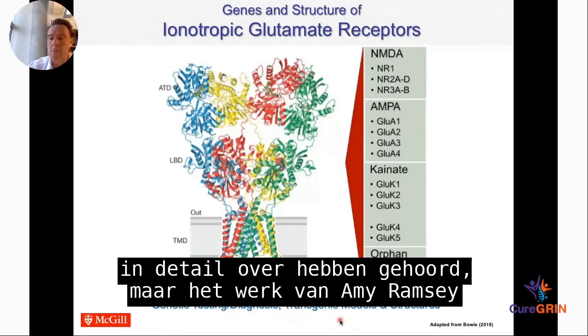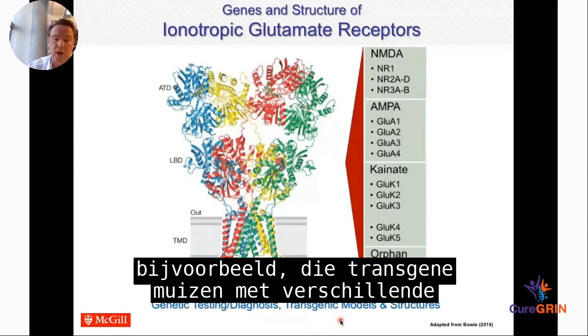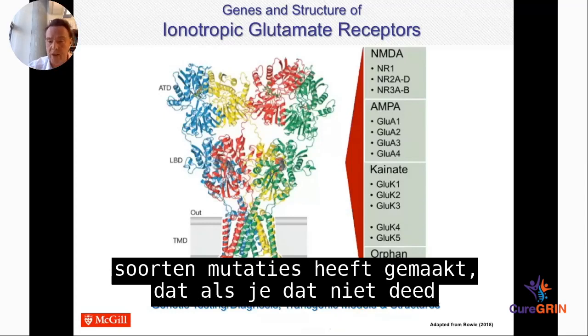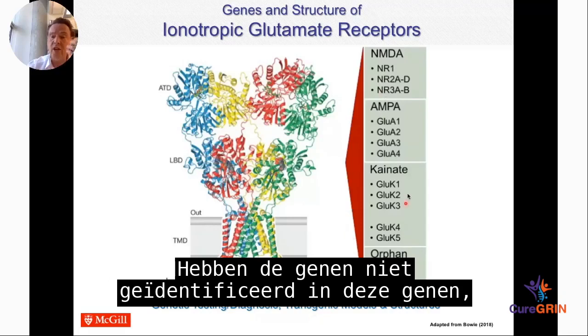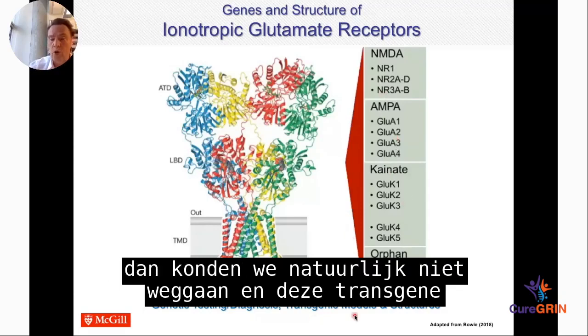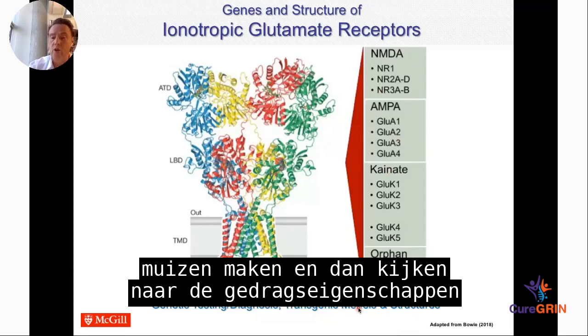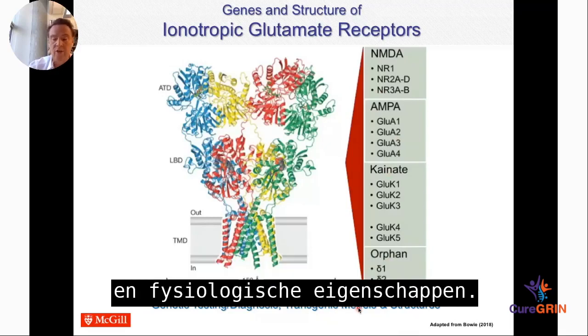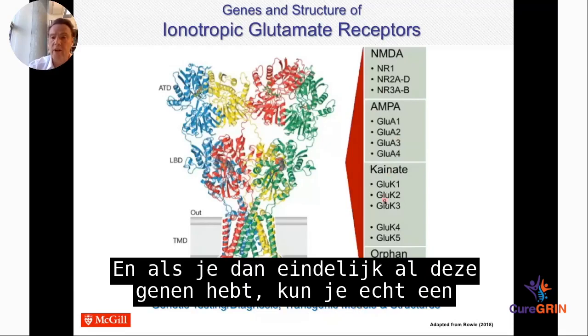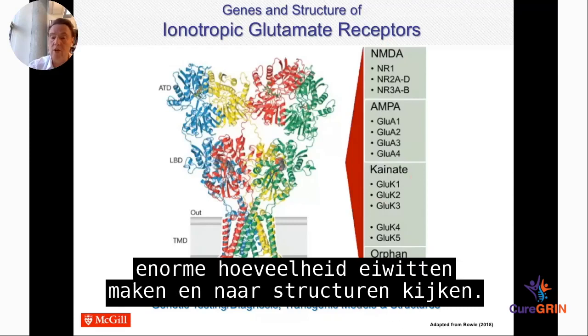The other thing, and I don't know if we've really heard about it in great detail yet, is the work of Amy Ramsey, for example, who's been making transgenic mice with different types of mutations. If we hadn't identified these genes, then we couldn't go off and make these transgenic mice and look at their behavioral and physiological properties. And then finally, if you have all these genes, then you can make a huge amount of protein and look at structures.